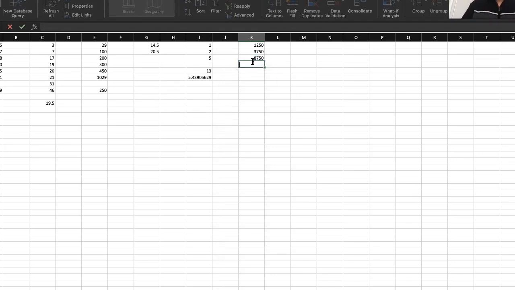So I skipped one, which is 5,000 plus 7,500, divided by 2. And then the next one, which is 7,500 plus 10,000 divided by 2. And then the last class, which is 10,000 plus, divided by 2. These should be your midpoints, which most of you got.